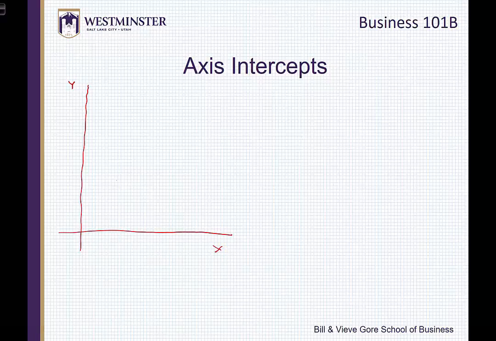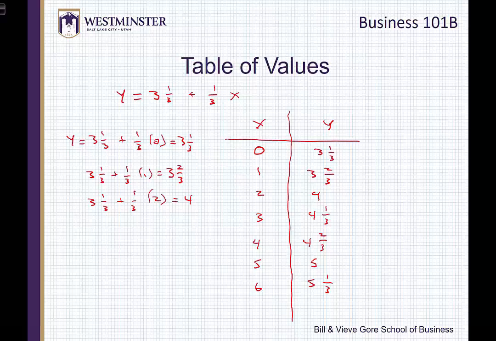And I said that this is y equals 3 1/3 plus 1/3 of x. And when I had x of 1, 2, 3, 4, and 5, recall that that gave us values of 3 1/3, 3 2/3, and so on.